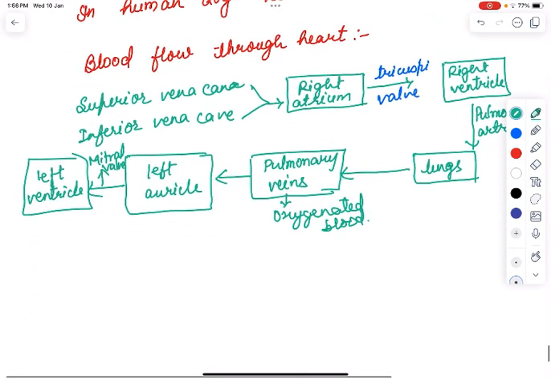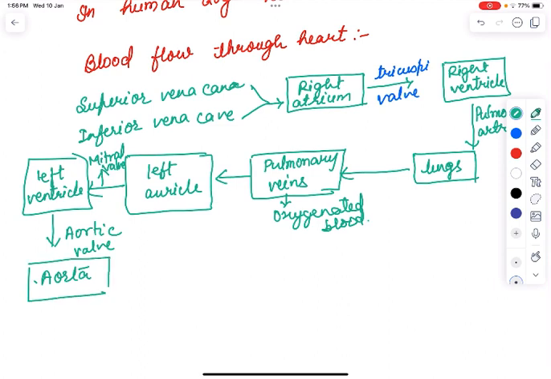And from the left ventricle the blood will flow through the aortic valve towards the aorta, and from this aorta the blood will be transported to all parts of the body.